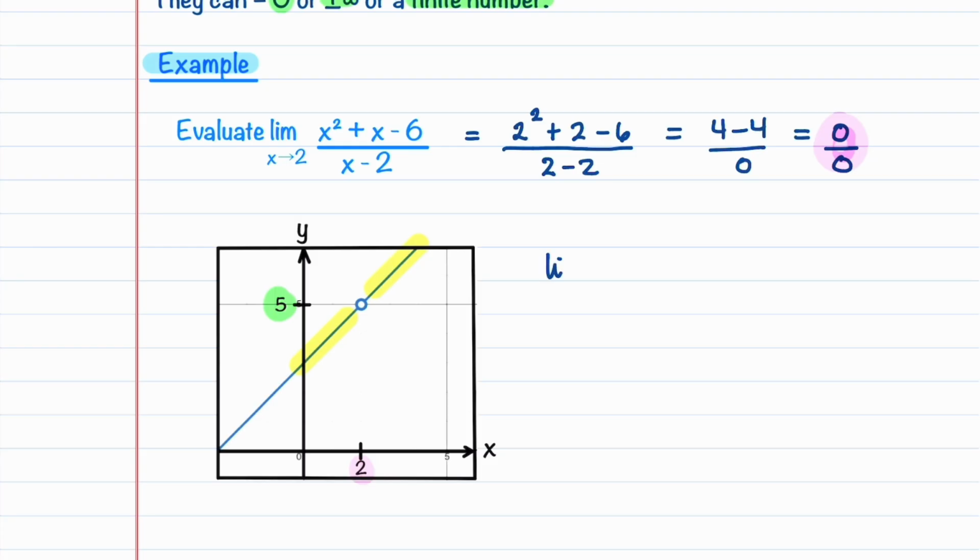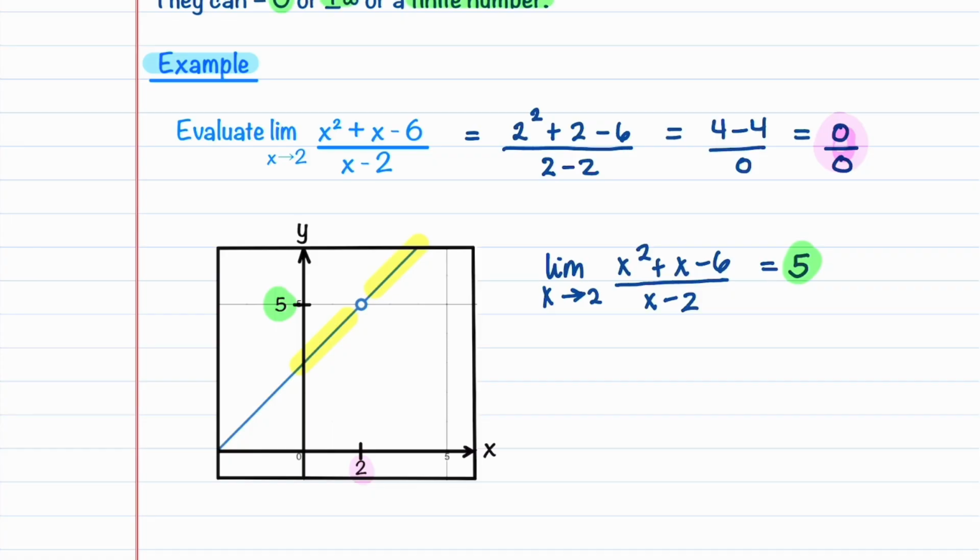So we can say that the limit as x goes to 2 of x squared plus x minus 6, all divided by x minus 2 is equal to 5. And that's our answer.